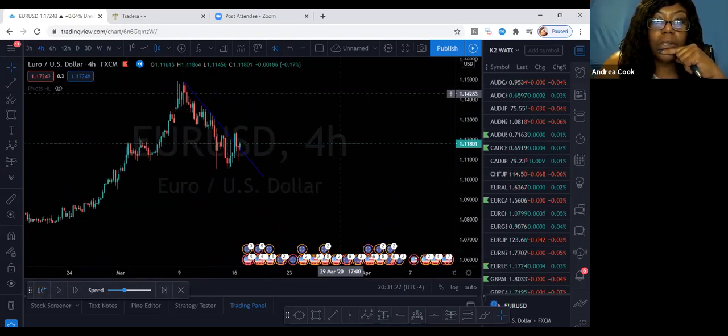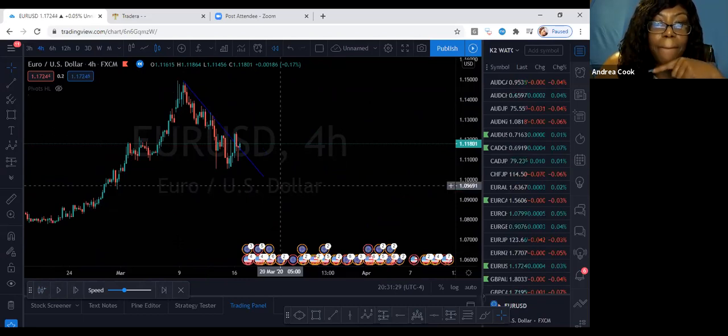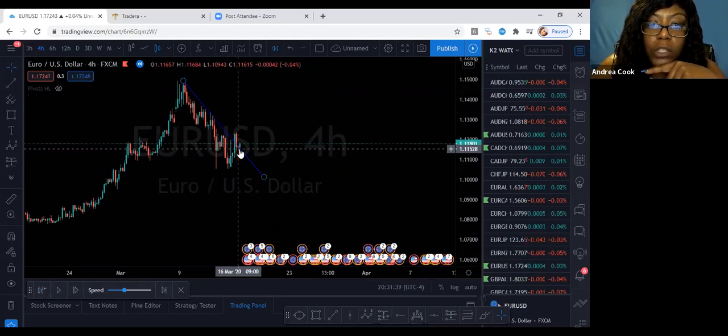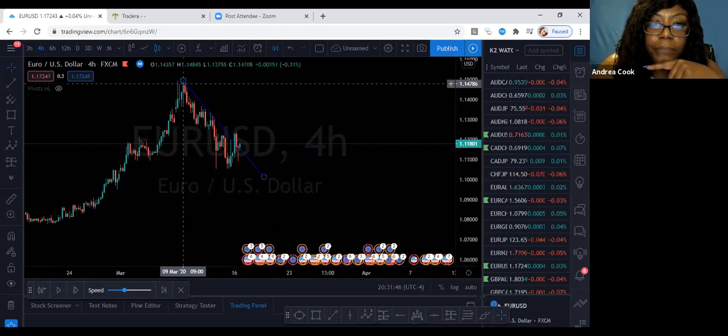Y'all watch this. Now, we drew this trend line, right? So we backed it up. What I just did was I erased everything that happened before now. We backed up all the way to March 20th, okay? Y'all see I had drawn this trend line. Now let's watch this play out.